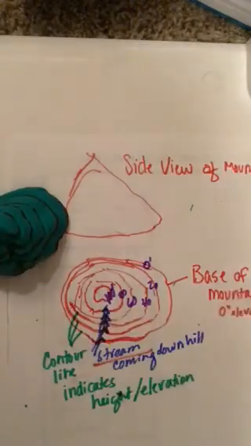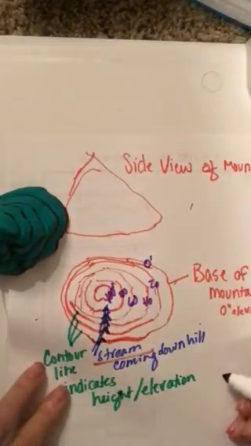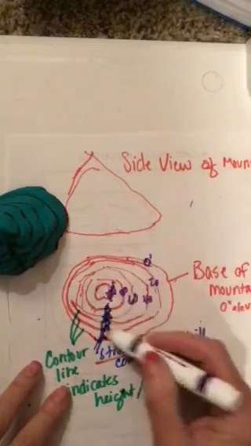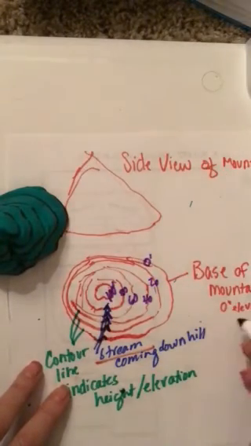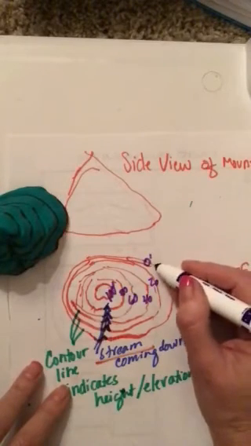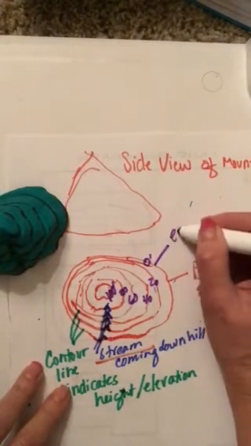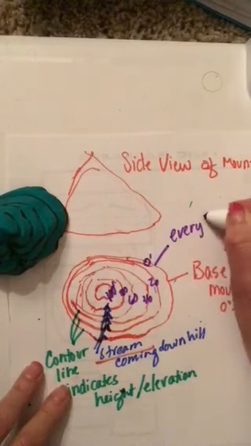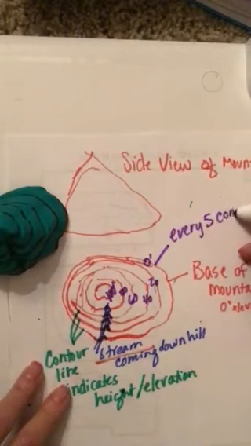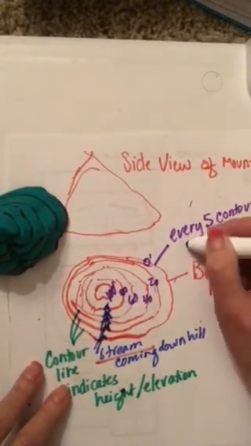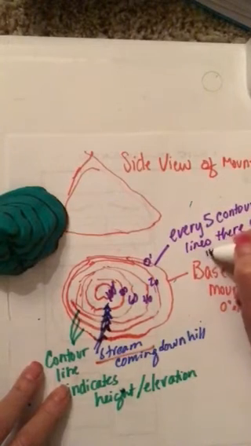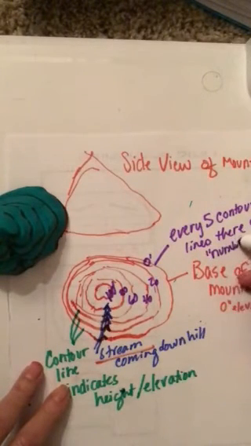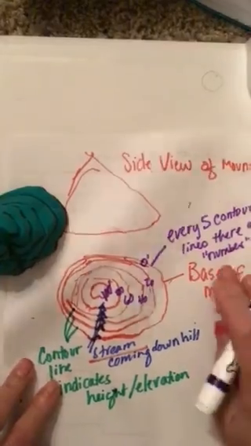Now, obviously, the topographic map is also called a contour map because these lines are known as contour lines. Lines that are labeled, remember we said every 5 contour lines, let's be specific, there is a number, which is basically the elevation.